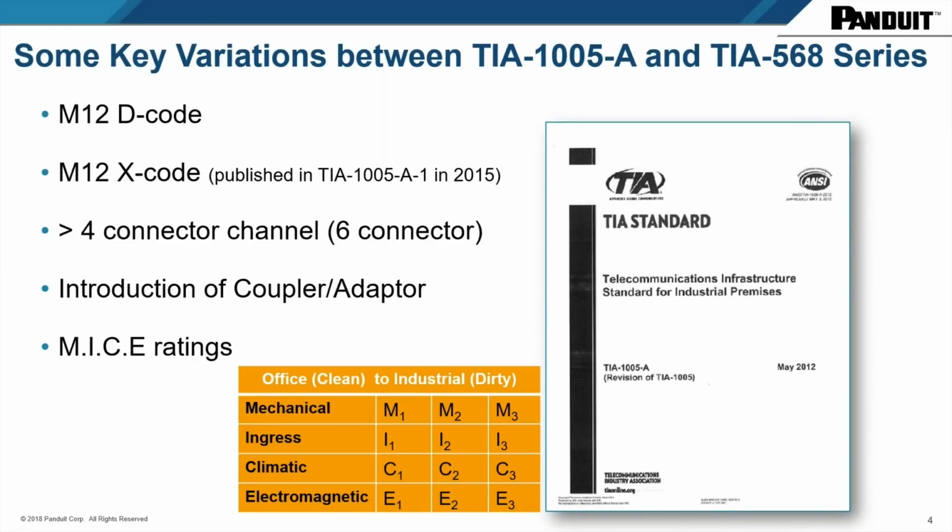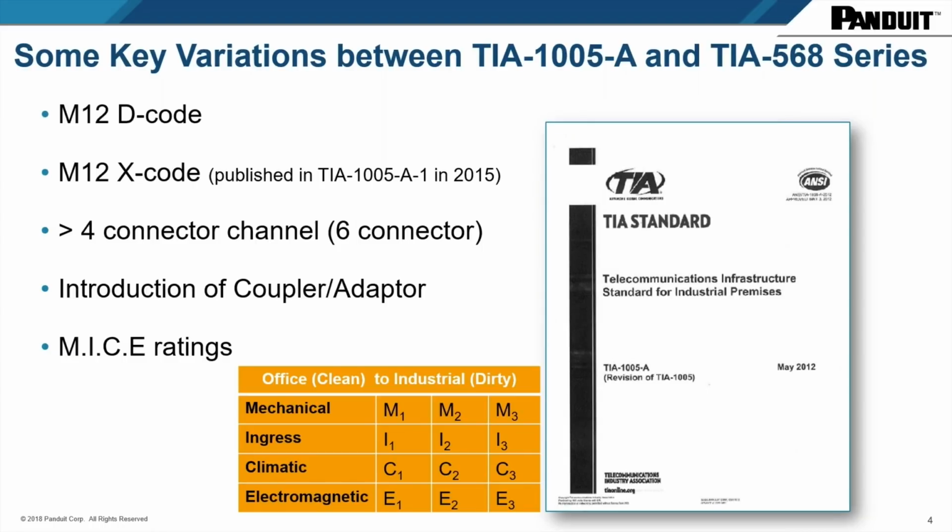For instance, in the 1005, there is a standard for connectivity connection points that we call the M12 type connectivity. Those are similar to RJ45, which you will use in the commercial space, and they're mentioned in the 568 standard, but the M12 D and X codes are different methods of connecting Ethernet in the factory.